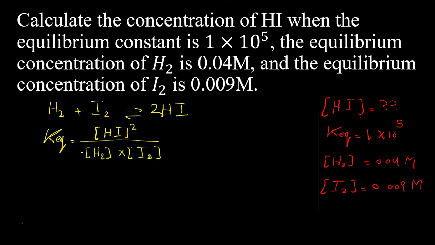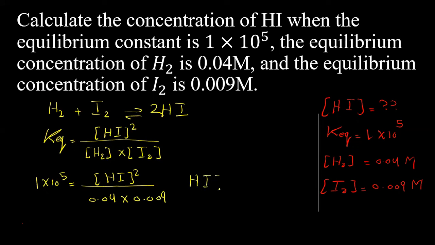So I'll write 1 multiplied by 10 raised to the power 5 equals hydrogen iodide raised to the power 2 divided by hydrogen, 0.04, multiplied by 0.009 for iodine. After that, the hydrogen iodide concentration equals 6 molar.